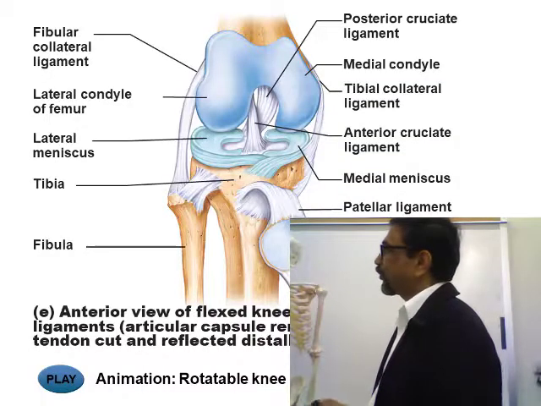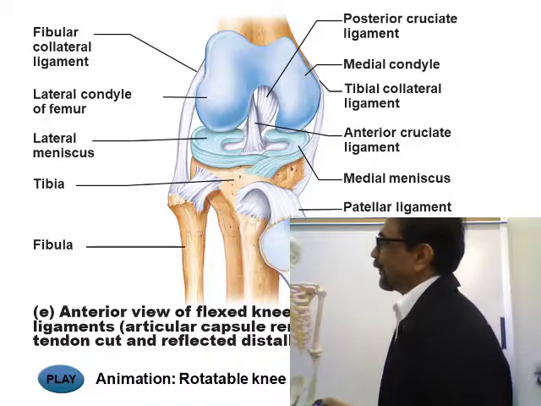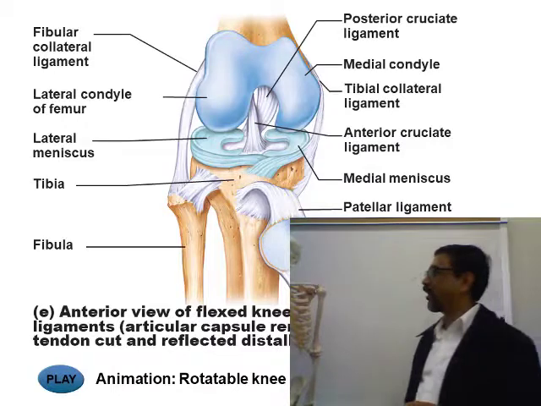If it does, that means the reflex is present, to test the nervous system. As I have already mentioned, tearing of the cruciate ligament or tearing of the meniscus can happen.